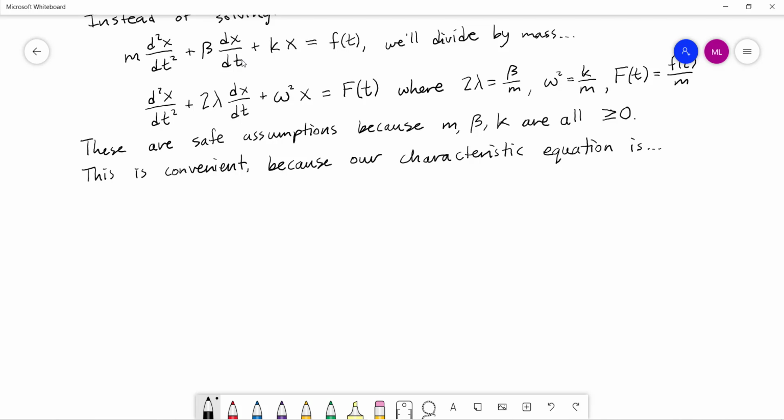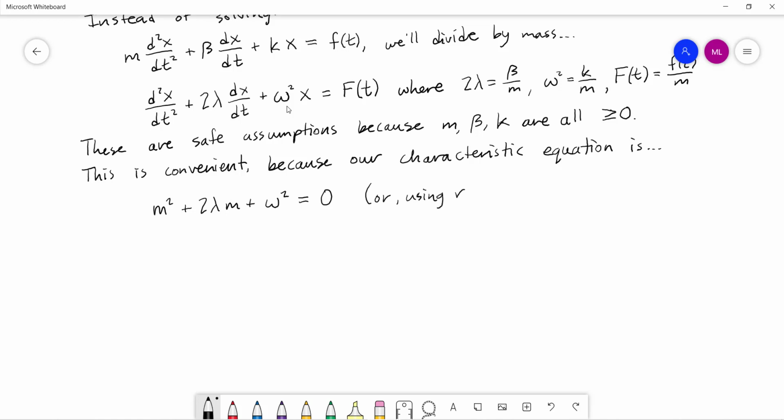So basically, the characteristic equation for this will be m squared plus 2 lambda m plus omega squared equals 0. This is the characteristic equation for the homogeneous version of this differential equation, and our goal is to solve for m.